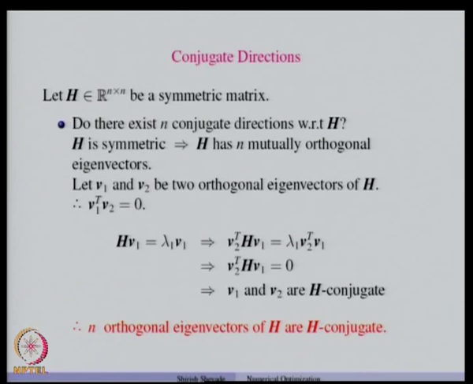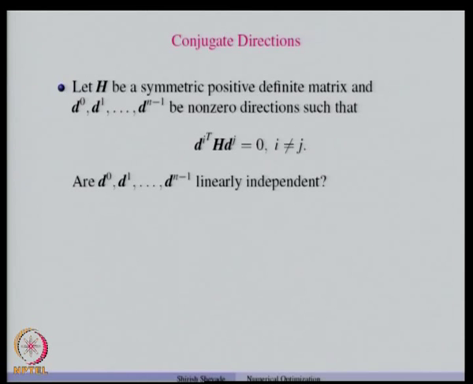So, given a symmetric matrix, there always exist H conjugate vectors, and one set of H conjugate vectors is the orthogonal eigenvectors of H. Remember that this set of H conjugate vectors for a given symmetric matrix H need not be unique. The set of n orthogonal eigenvectors is just one set.